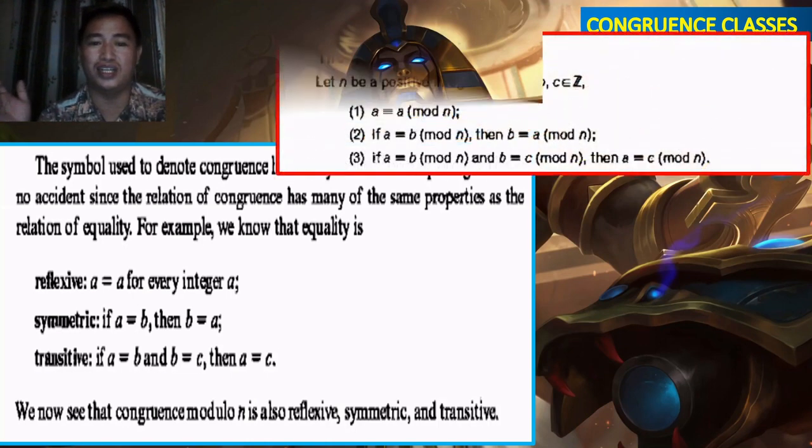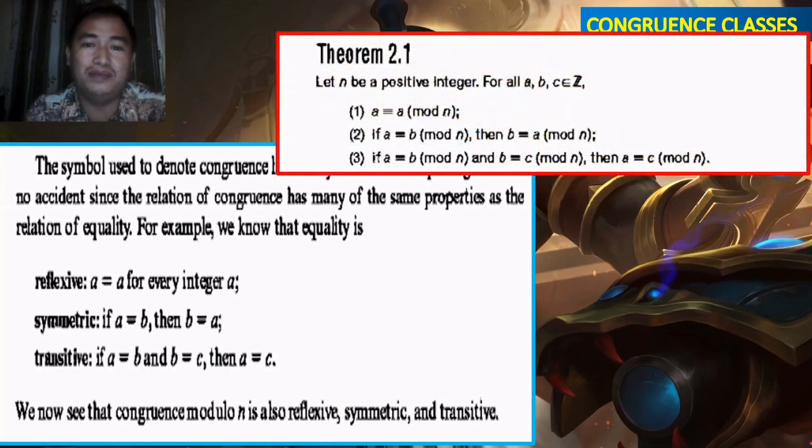So then, Theorem 2.1. Let n be a positive integer. So for all a, b, c, element in Z, first, a is congruent to a mod n. Again, tulo ni siya ka-lines class. So a is equal to a diri, so diri is a is congruent to a mod n. Reflexive. Okay, number 2, if a is congruent to b mod n, then b is congruent to a mod n.